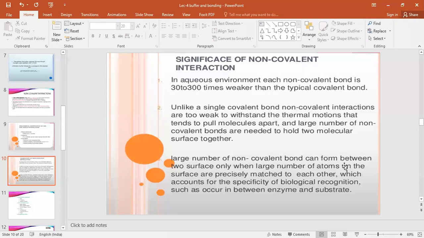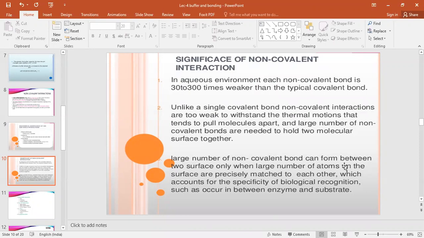But if many atoms in a line are joined by these weak bonds and you pull, there is difficulty in breaking them. What does this sentence state? Individually these bonds are weak, and collectively they are strong.